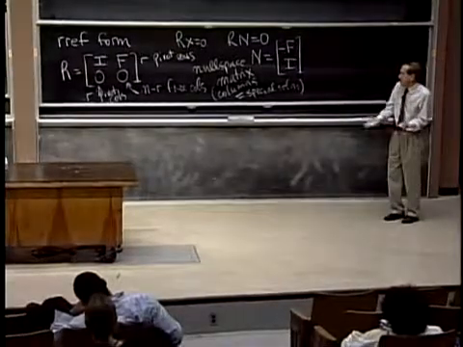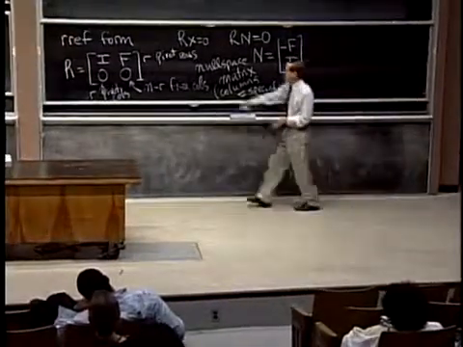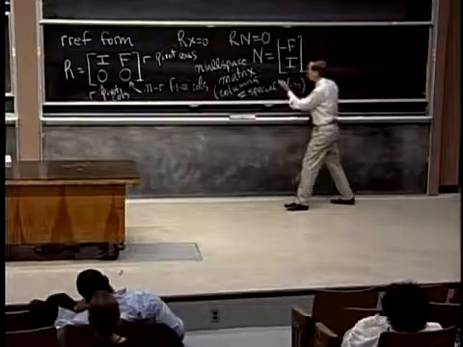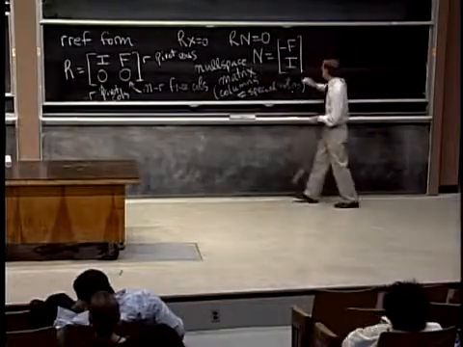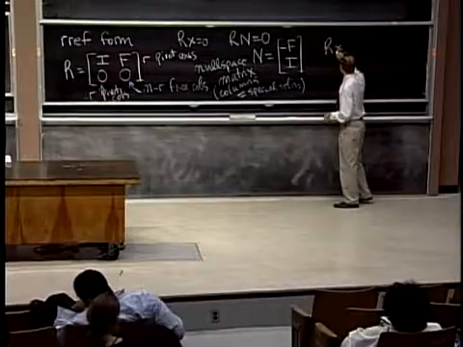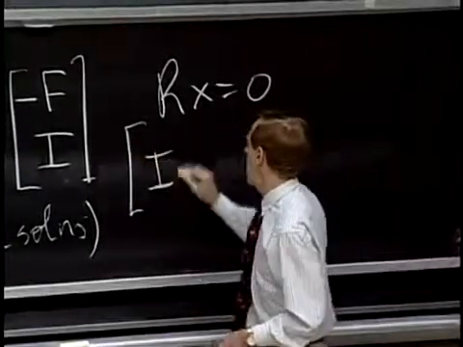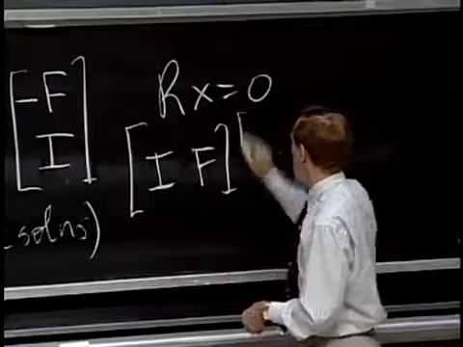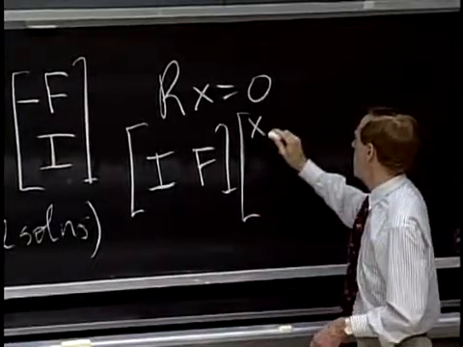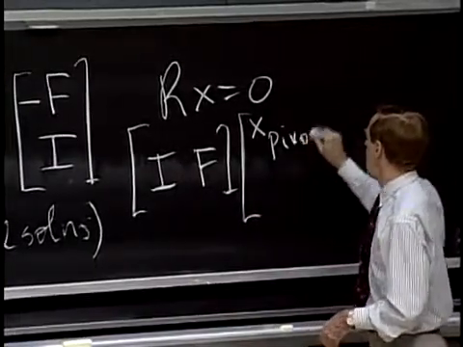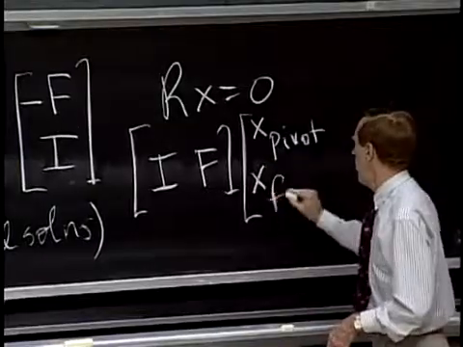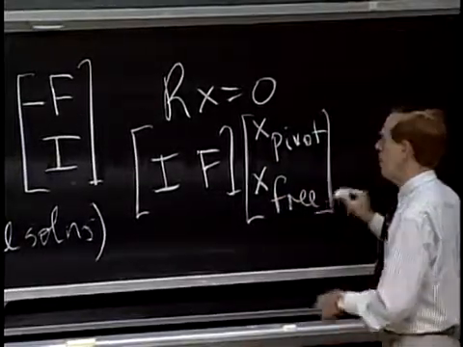It does back substitution, but back substitution for this system is totally simple. What is this system? Rx equals 0. So this is R is I, F, and X is the pivot variables and the free variables, and it's supposed to give 0.